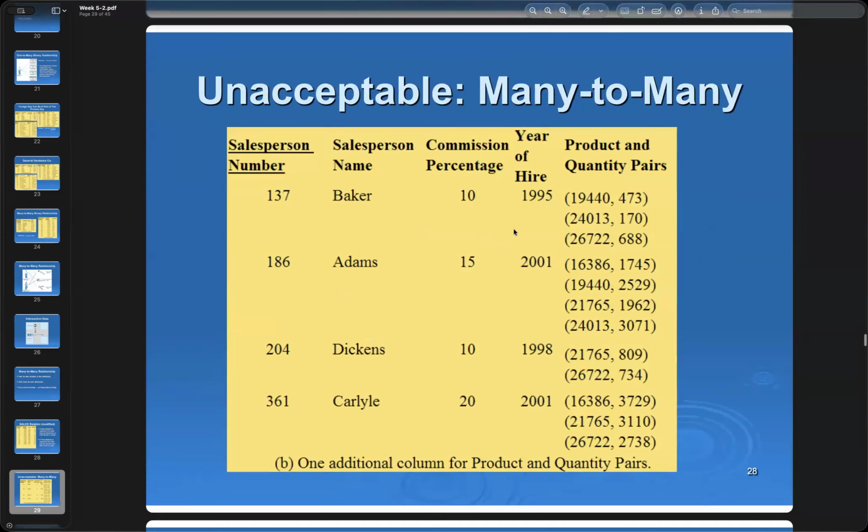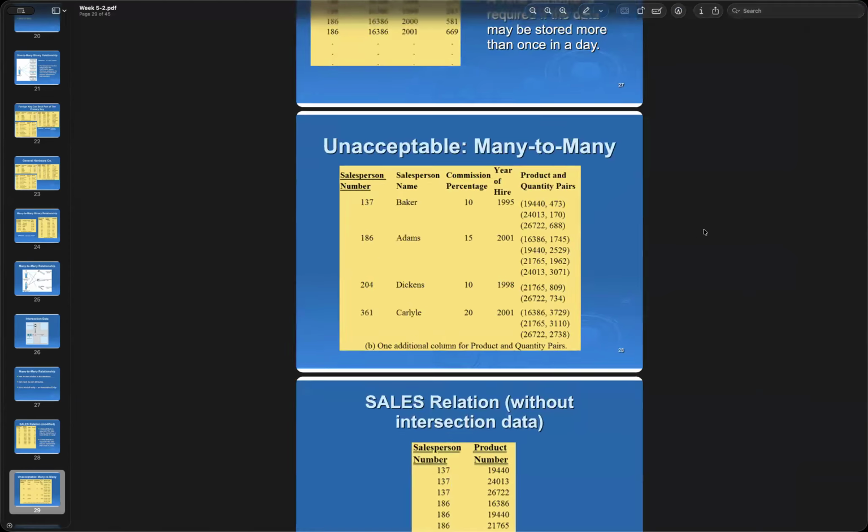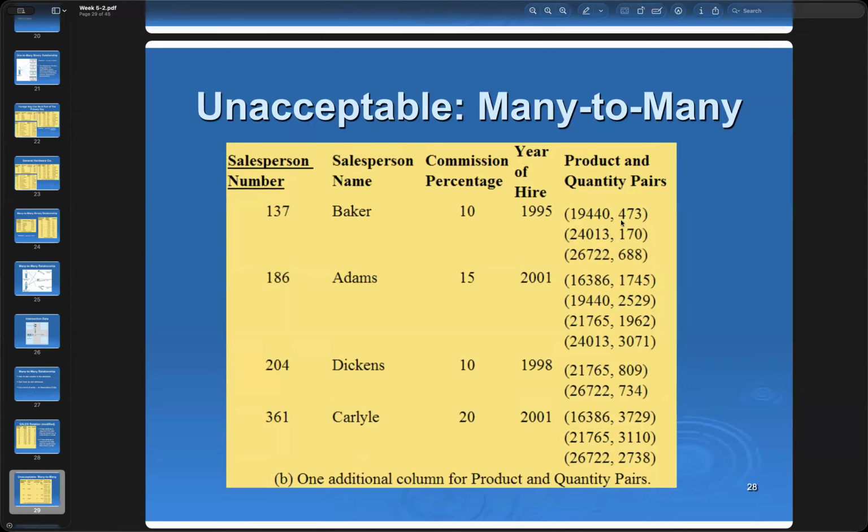Later we talk about first normal form, second normal form, and third normal form. This one is unacceptable for the many-to-many relationship. When you design the table later, like in the project exercise, it's not acceptable if you put the product and quantity as a pair in a single cell.